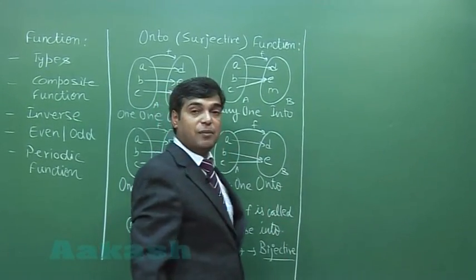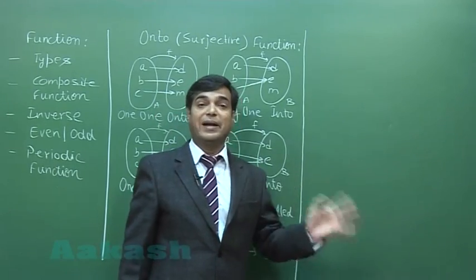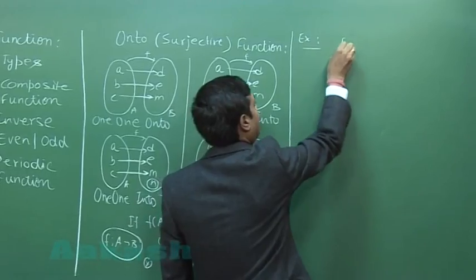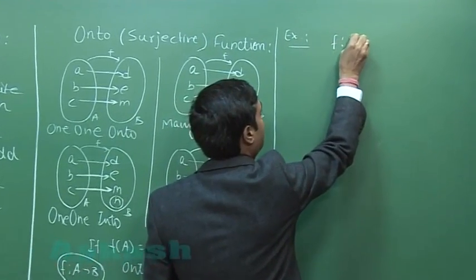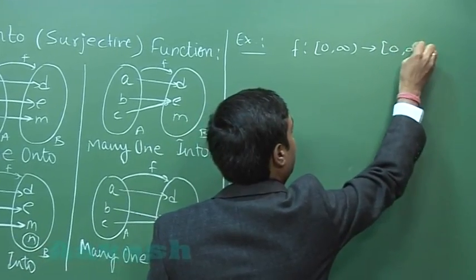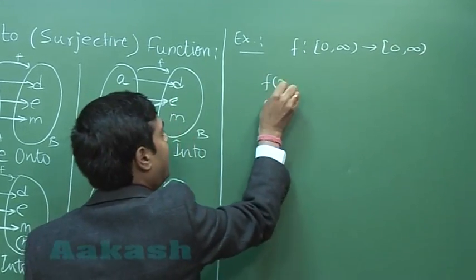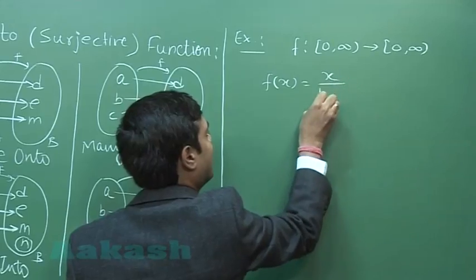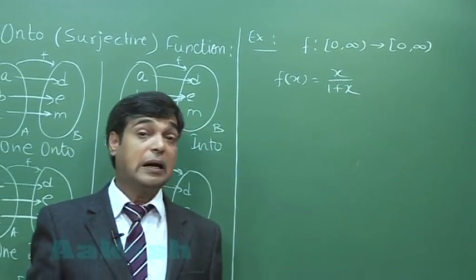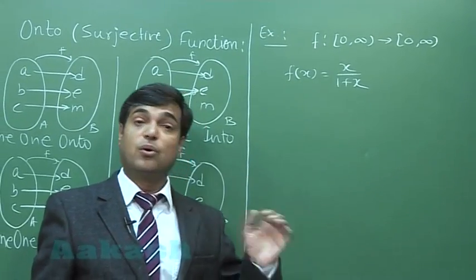Let us take some examples to understand 1, 1 onto, many 1 into. Let f be defined from 0 to infinity to 0 to infinity given by f(x) equals x upon 1 plus x. And I have to check whether this function is 1, 1, many 1, into, onto.